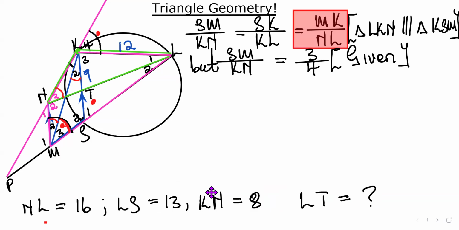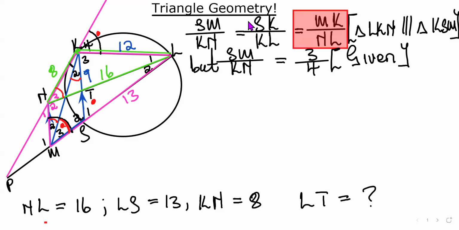So let's try to fill this up on a diagram. Where is LS? Well, LS is just this length there, so it's 13. And NL is the entire length, which is 16. And of course, KN is 8 units. And we are looking for LT, which is the length here. That's fine.